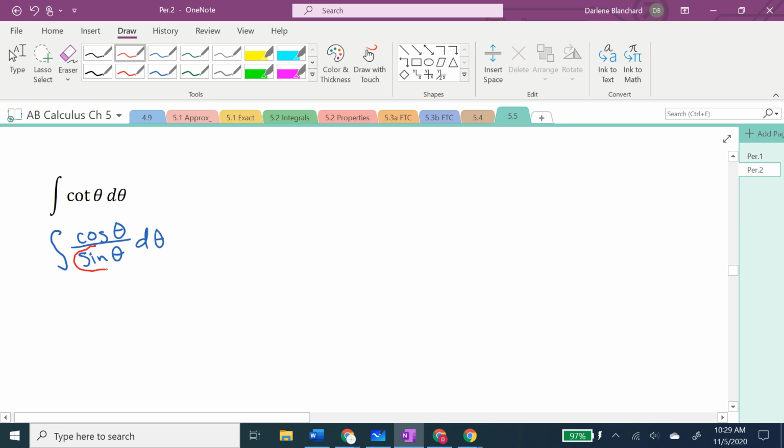And just like before, I want the denominator to be my u. Then I'm going to find du d theta. And this time I get positive cosine. Then I'm going to multiply the d theta to the right, and I'm going to divide cosine theta over to the du side.